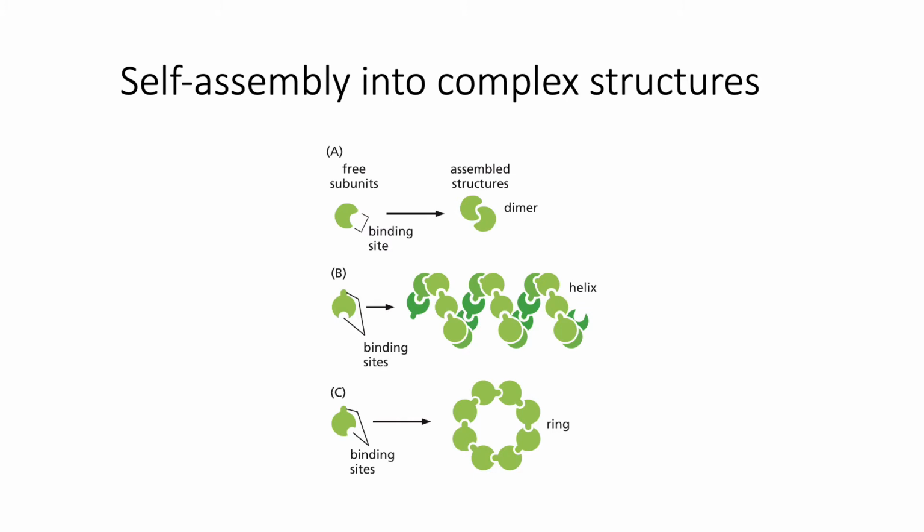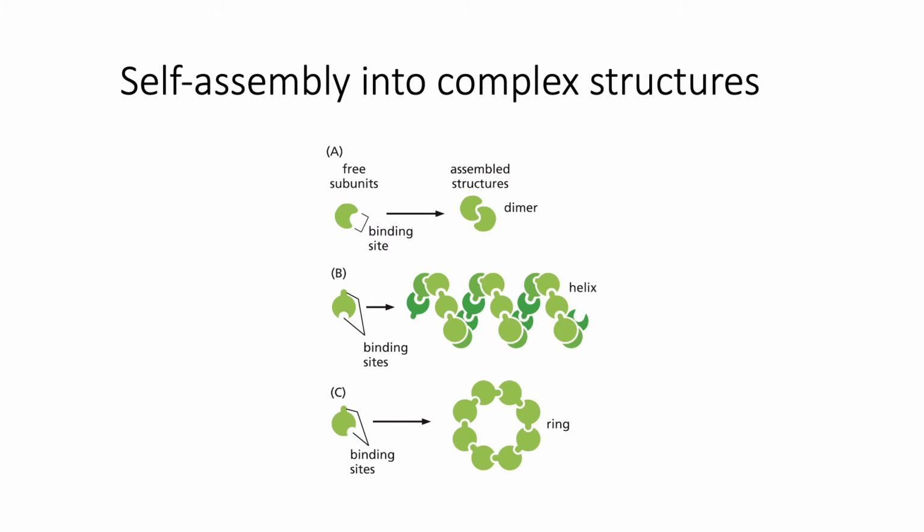So this slide shows a very simple way of explaining what we call self-assembly using complementary surfaces. If we look at A, there are 2 free subunits, and you can see how they can link together because there's a complementary bend in the protein to make a dimer.